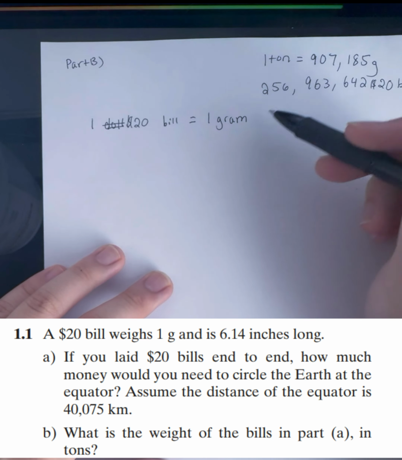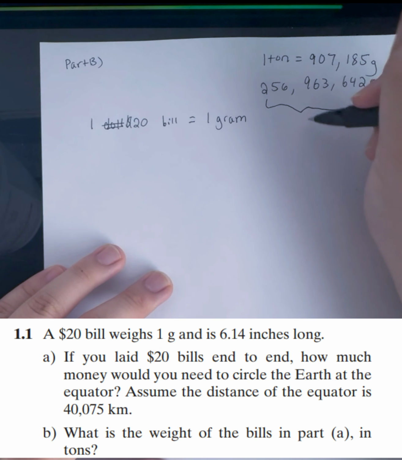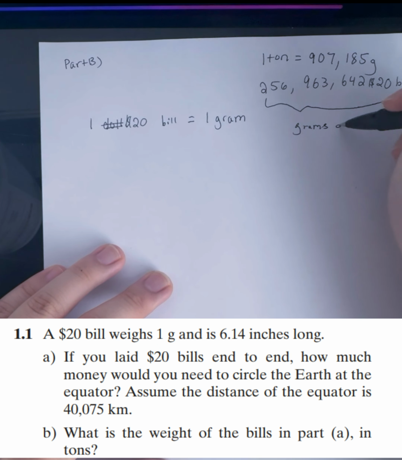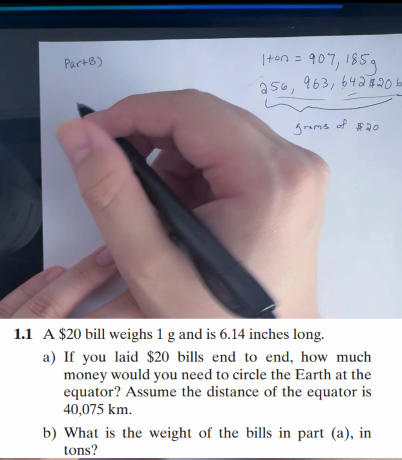So we know that there's a total of this many grams of $20 bills. Why? Because to find how many grams there are, we multiply this entire number of dollar bills by 1 gram, and anything times 1 is that number itself.